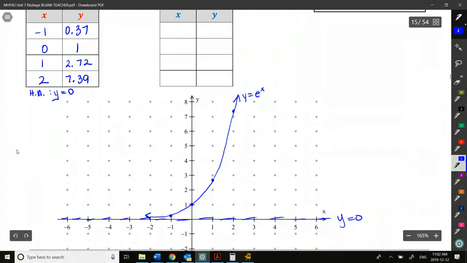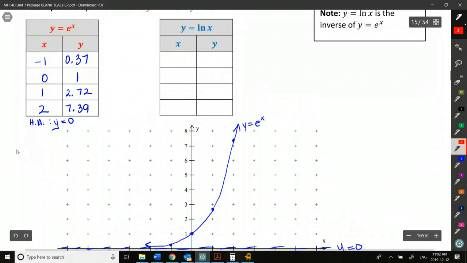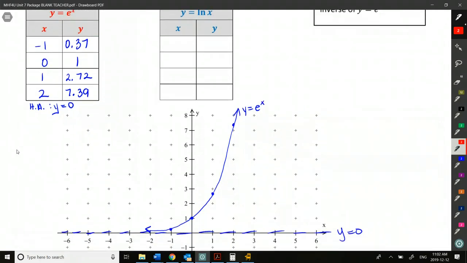I'm just realizing that I did this one in blue, and I probably should have done it in red because this was labeled in red, but oh well, we'll switch it around.